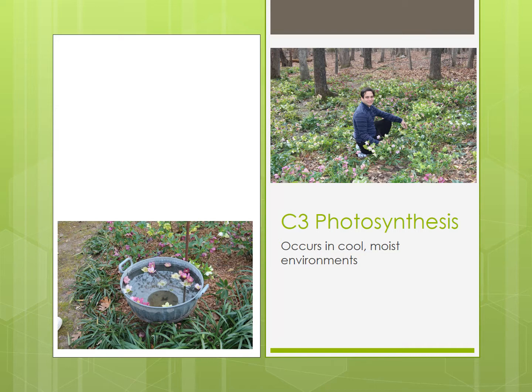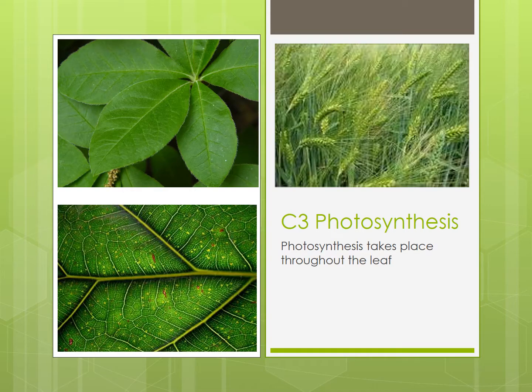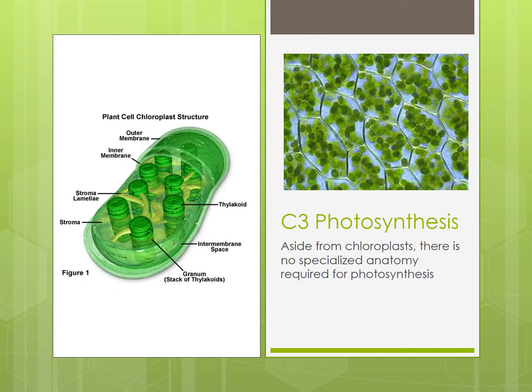They're moist. Lots of water. In C3 photosynthesis, the photosynthesis occurs throughout the leaf. Any of the cells in the mesophyll have C3 photosynthesis going on. Aside from the chloroplast, there's no specialized anatomy required. You just need chloroplast and you're good.